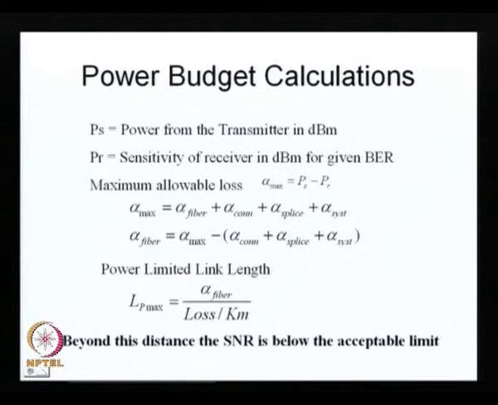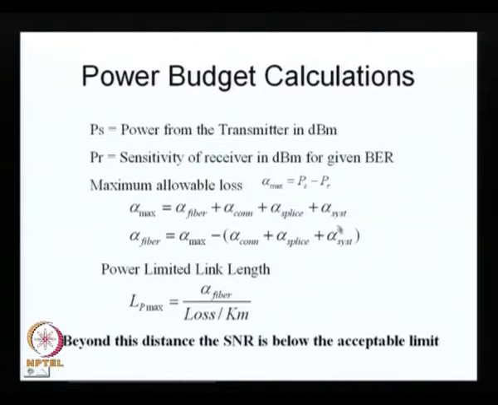Also because of the aging of the laser, the power supplied by the laser keeps changing, it reduces as a function of time. So, as the time progresses the laser power reduces, so this quantity PS reduces. At the same time PR requirement increases because the sensitivity of the receiver degrades, and this must be accounted for while designing the optical link.